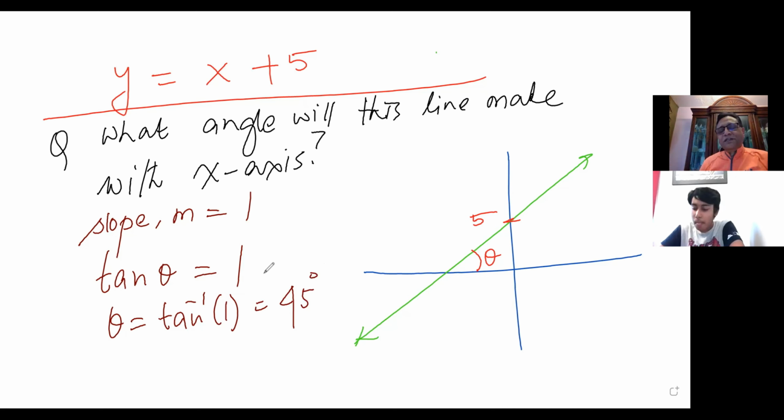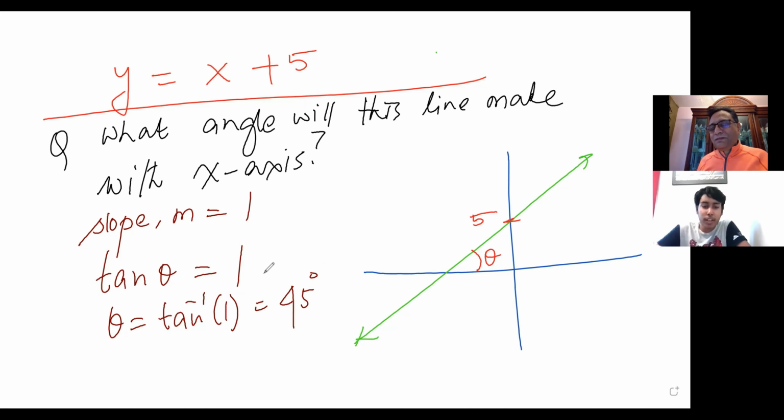Since in a right-angle isosceles triangle, the theta value is 45. You get the idea? You could use a calculator also, but you can get the value just as I have shown. So it is very easy to find the slope of a line, and that way we can also find the angle, right?